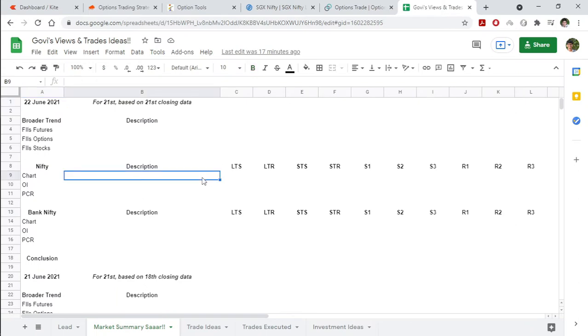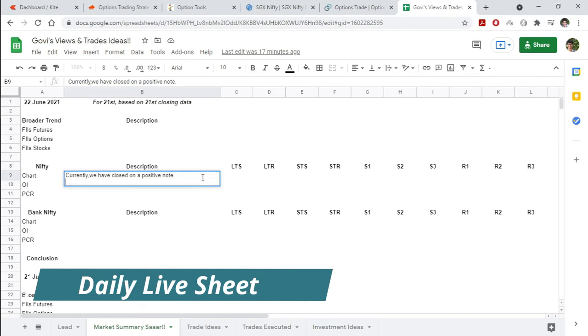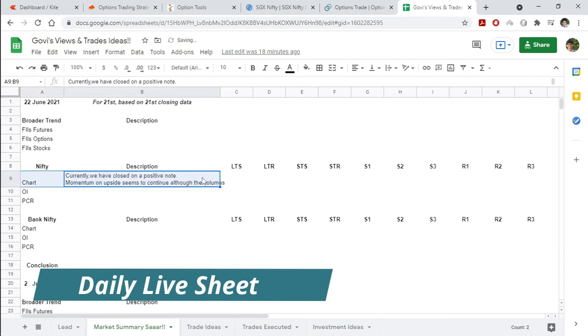So currently for Nifty, we have closed on a positive note. Momentum on the upside seems to continue, although the volumes aren't exciting.